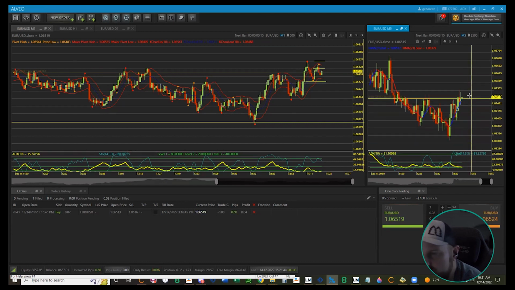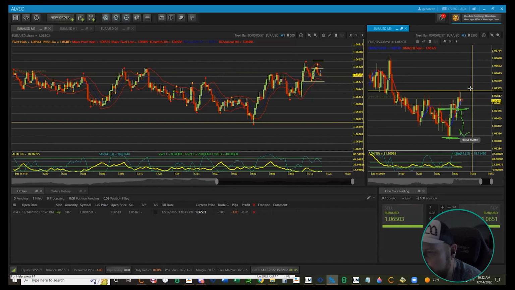The moment that bias fails and it's no longer a valid theory is probably if it trades below this line and goes back and tests the bottom of that. If it trades below this, it could mean that it's coming all the way down there. So these are all part of a pre-trade setup, right before you get in and trade.